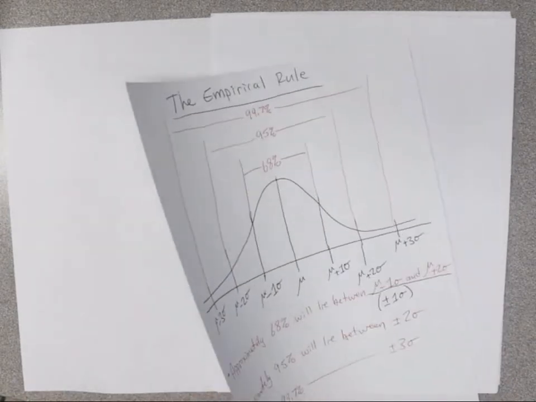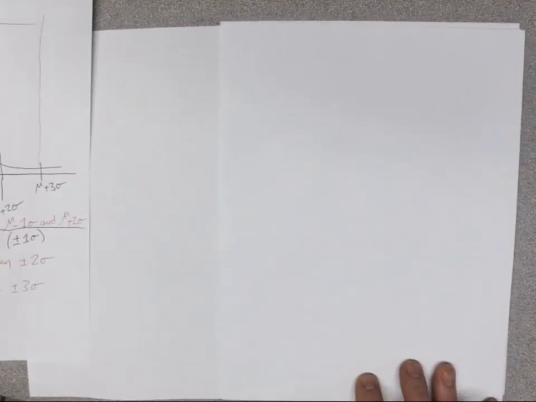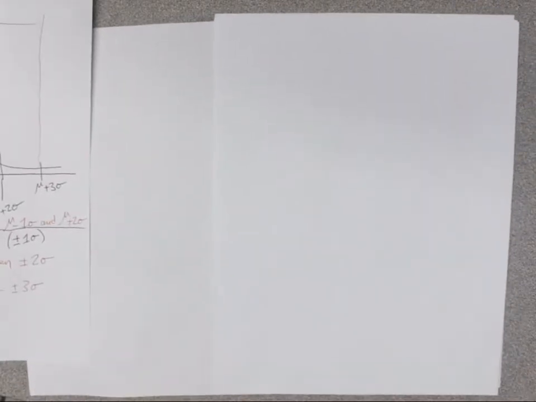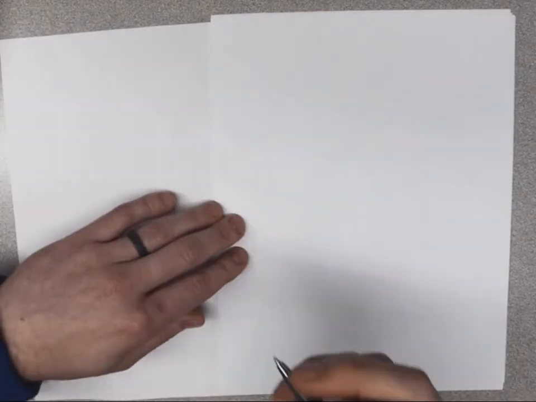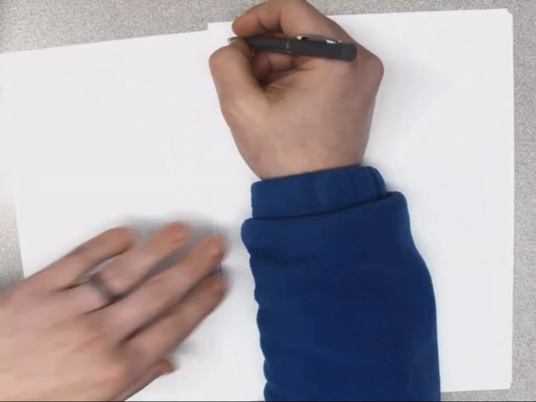Now what we want to do is apply this to an example. A simple example just to get our feet wet and see what this is all about. Keep your empirical rule handy. You'll need it just off to the side or however you're doing it. Example 1.